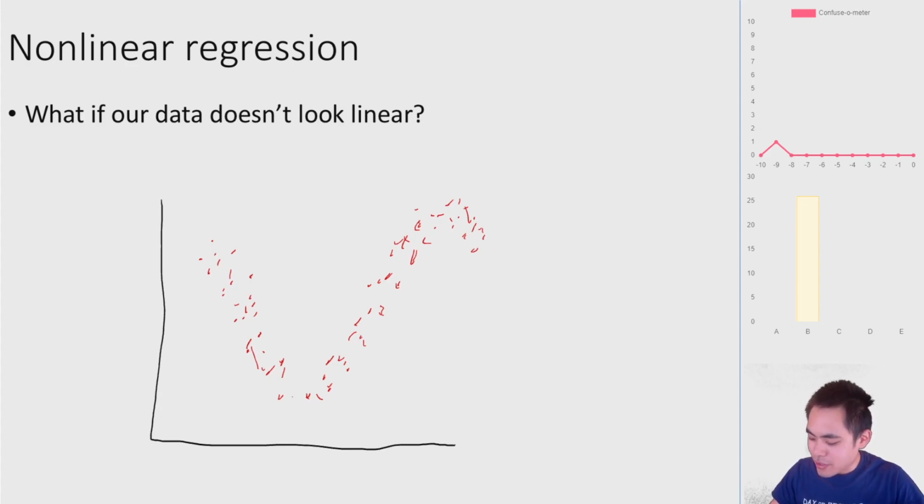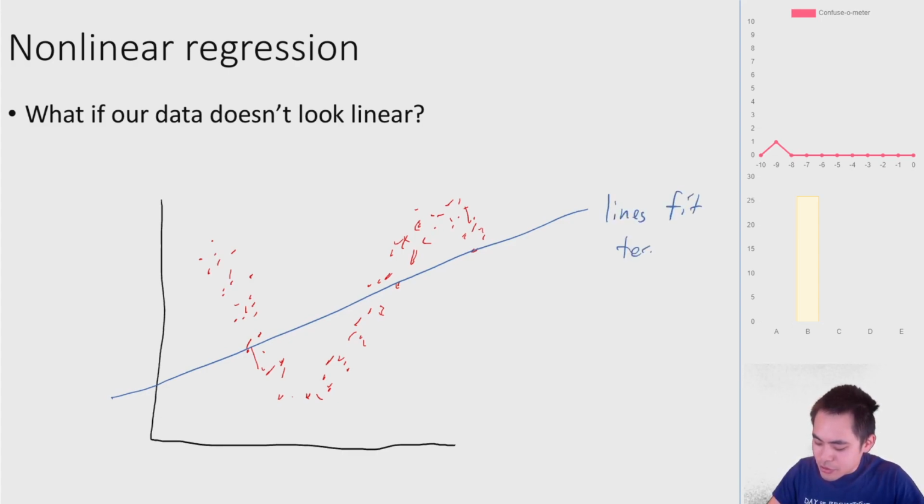So even if you draw a line, let's use blue. If I try to do a best fit line, it doesn't matter what the line is. Lines fit terribly because the data isn't actually linear. And so, of course, this is one of the judgment calls you're going to have to make, because if you put these things into Python, Python will give you the best fit line, and you'll need to figure out whether or not the fit is actually good.